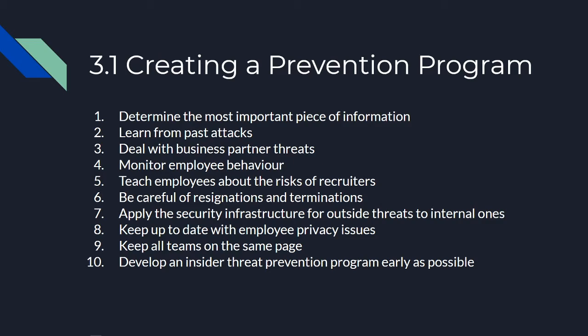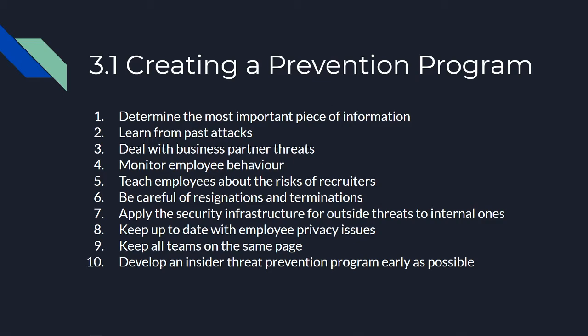As Craig mentioned earlier, indicators are a key way to know that an insider attack is about to happen. Number five is to teach employees about the risks of recruiters. Teaching employees about different things helps prevent any form of insider attack because most of them come from a lack of knowledge. Number six would be careful of resignations and terminations.